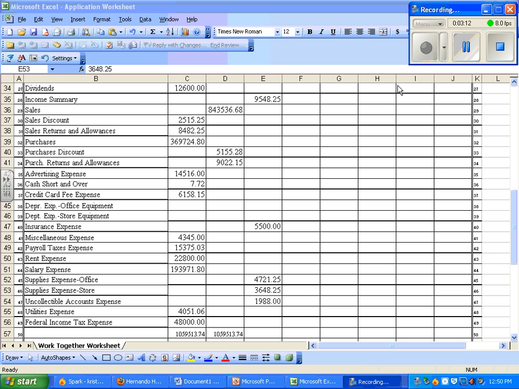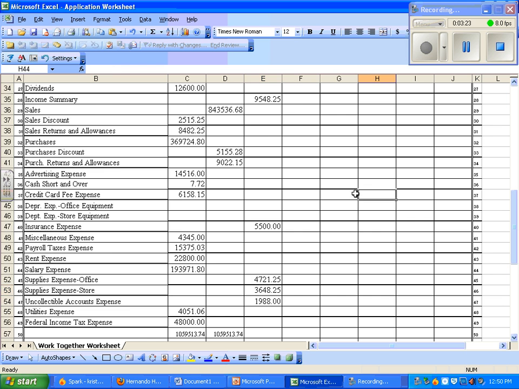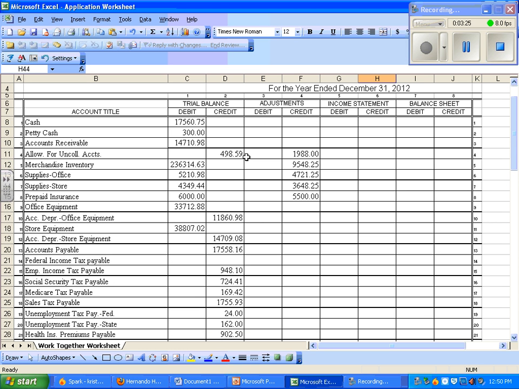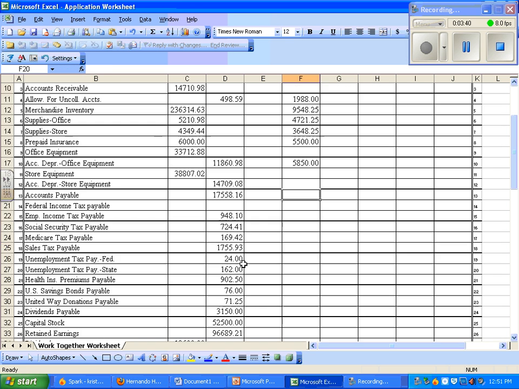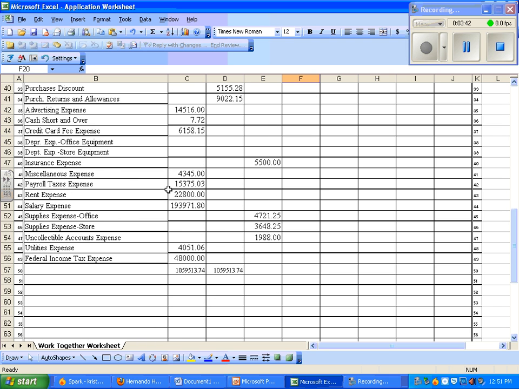We have depreciation expense for office equipment of $58.50 and store equipment for $52.50. So we're going to go do our office equipment. And when you record the depreciation expense, you don't record it in the asset, you record it in the accumulated depreciation for the asset. So the office equipment is going to be $58.50, and the corresponding debit for that is going to be depreciation expense office equipment.